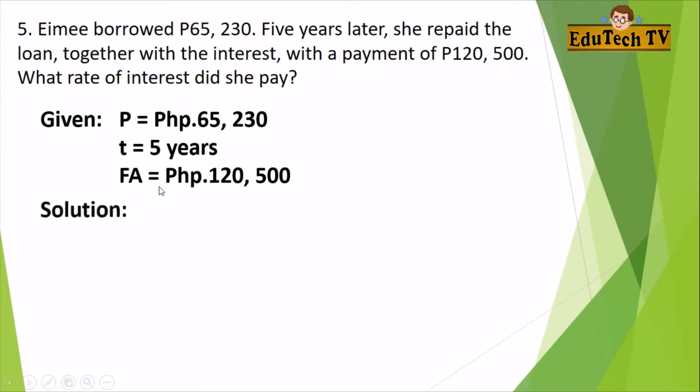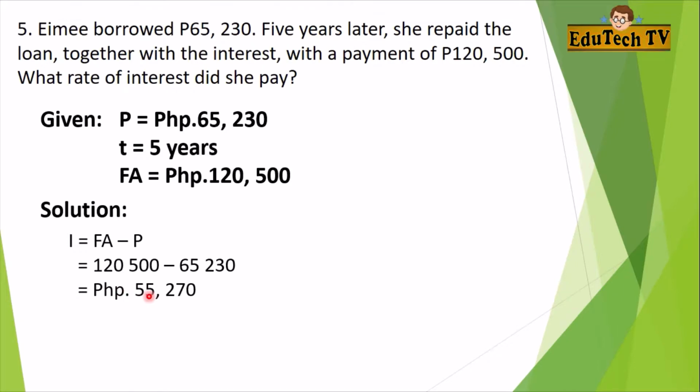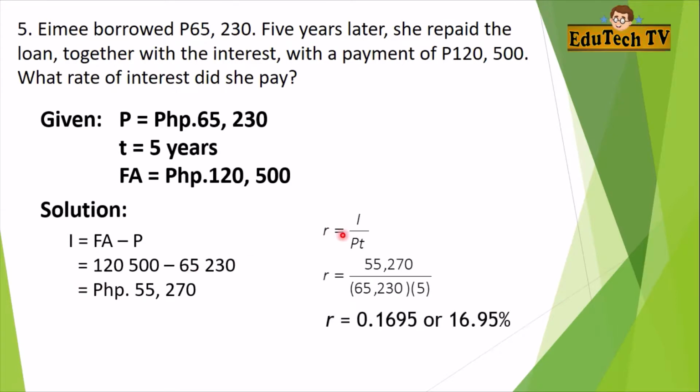Now for us to find the rate of interest, first we have to identify the interest. Using the given, we're going to find the interest using the formula final amount minus the principal amount. So just subtract these two: 120,500 less 65,230. Then the interest is 55,270. Now using the interest, of course, we can now find the rate.